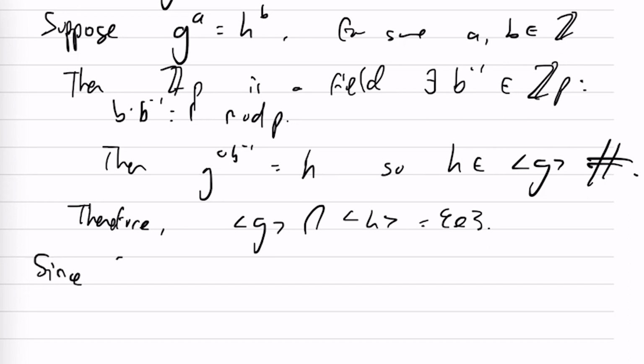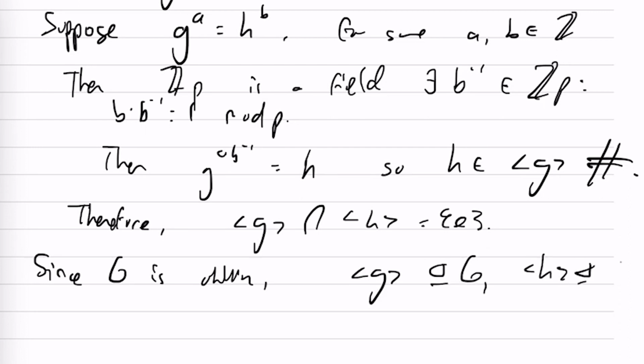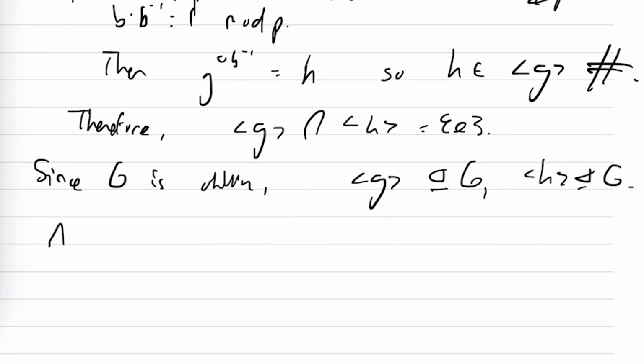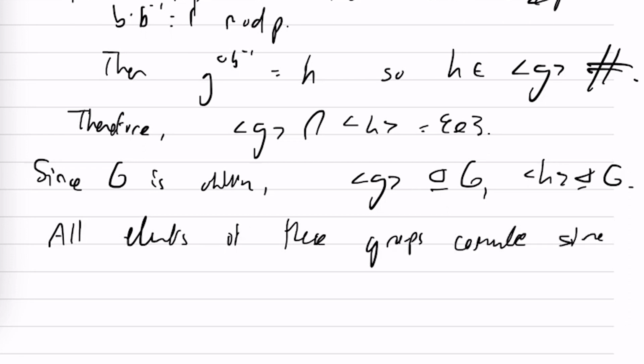Now, since G is abelian, these subgroups are both normal subgroups of the group. All elements of these groups commute since G is abelian.